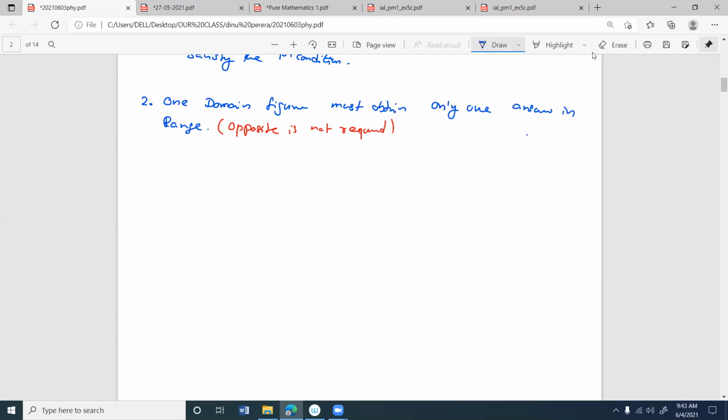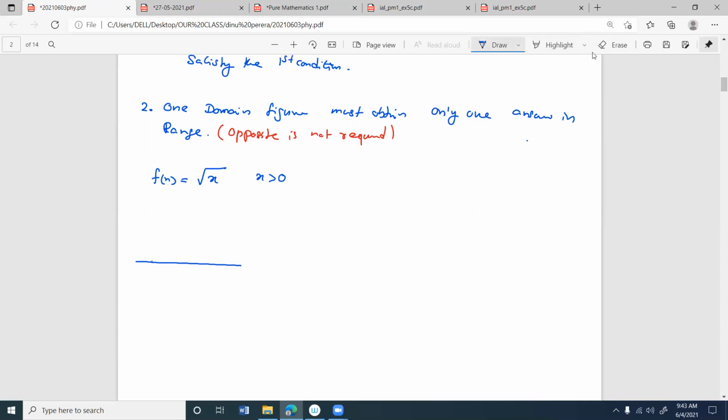For example, we get the function f(x) equals square root of x, where x is greater than 0. If I sketch this graph, you get x input values.